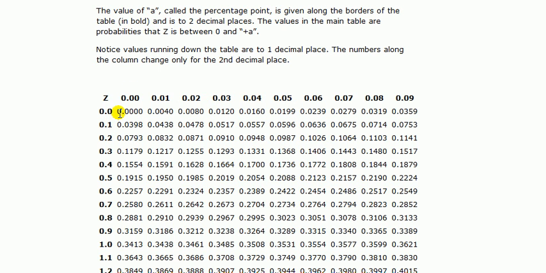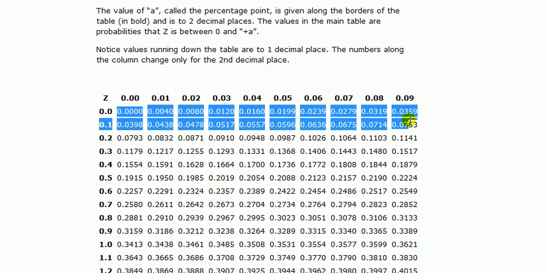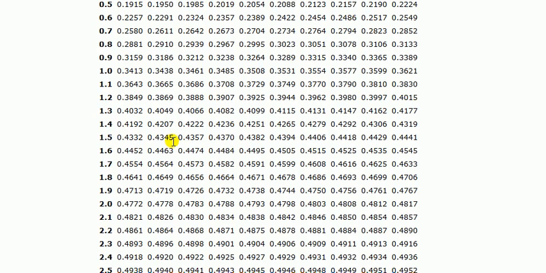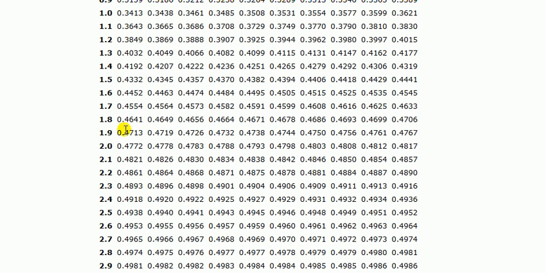Notice as I'm sliding along from left, everything in the body here represents probabilities of z between 0 and a point a. And as I'm sliding along here, you can see probabilities are increasing. We want 0.475, so we can go down quite quickly here. Okay, 0.47, we're getting close.